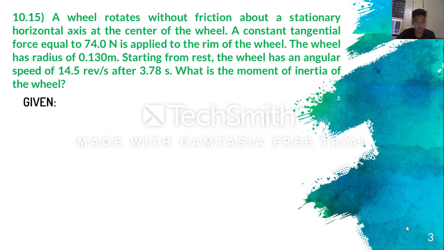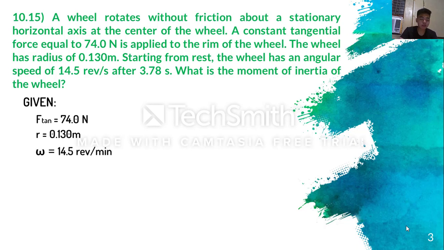So let us first identify our givens. We have a tangential force of 74 newtons, a radius of 0.13 meters, an angular velocity of 14.5 rev per minute and a time of 3.78 seconds.